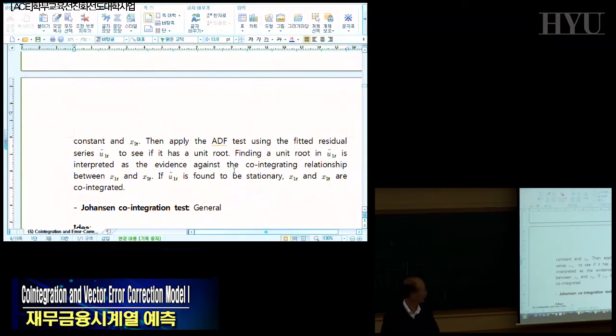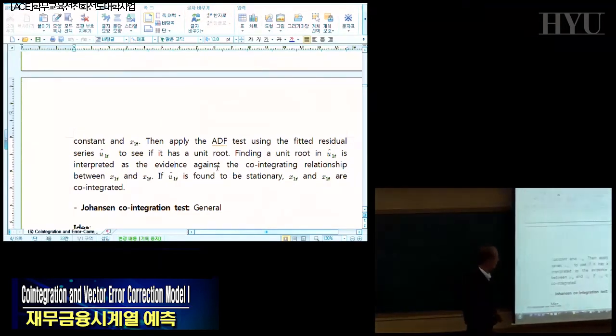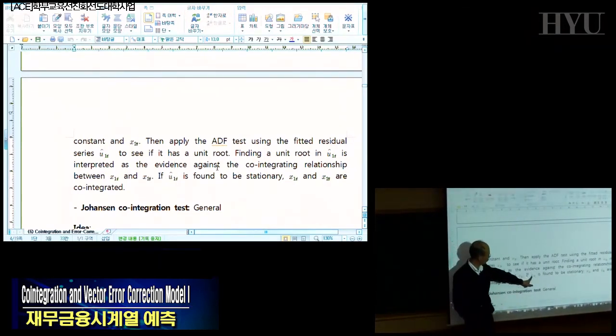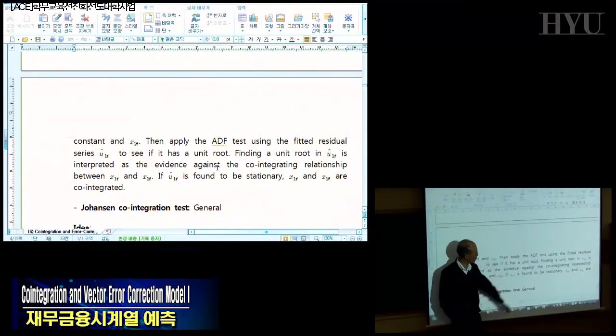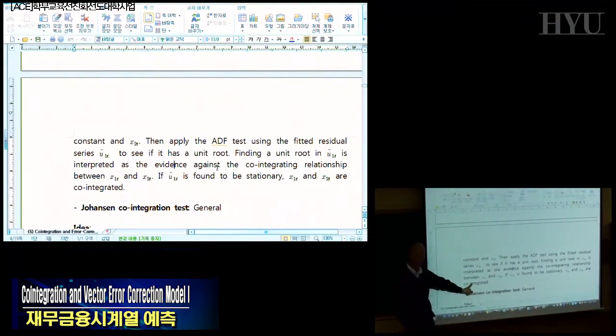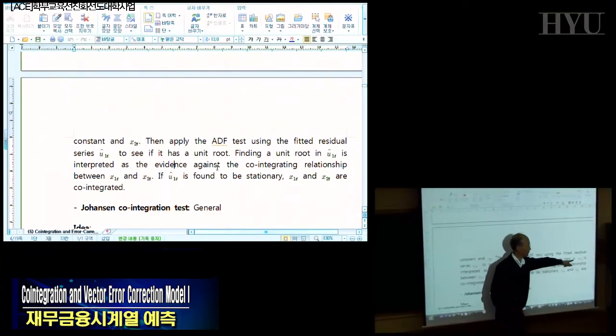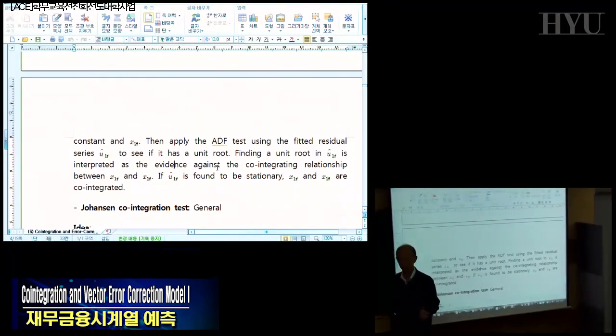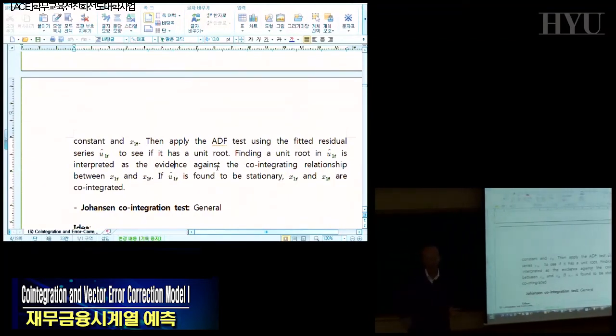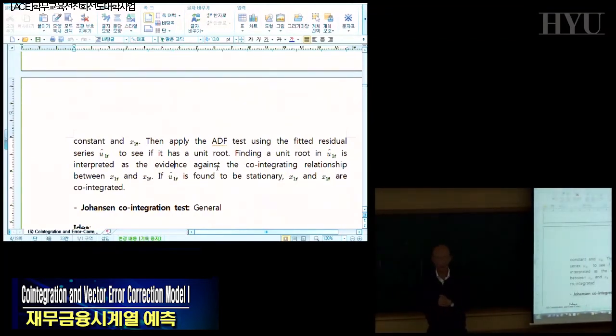Just remember one thing: if U1t is found to be stationary, then they are co-integrated. If you find unit root from here, then no co-integration. Simple as that.